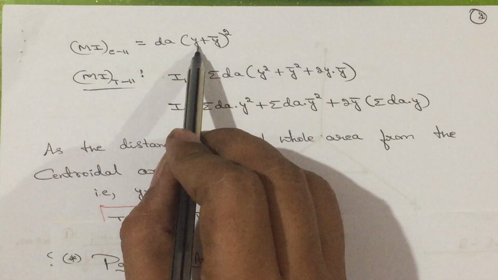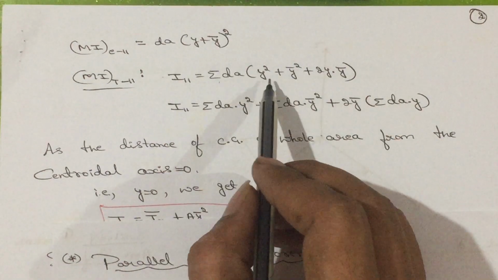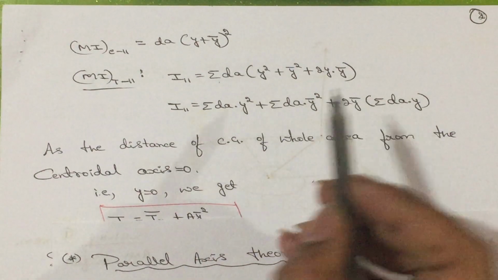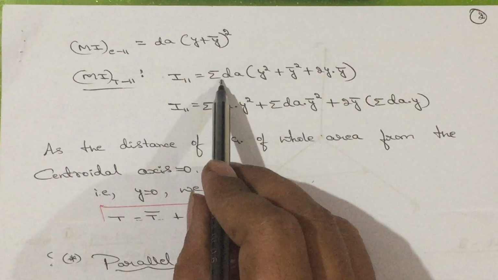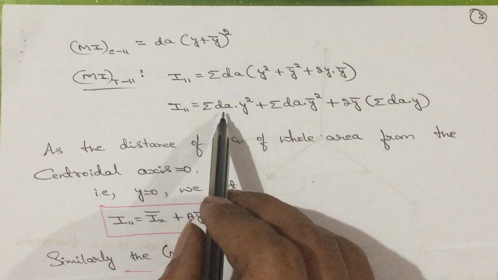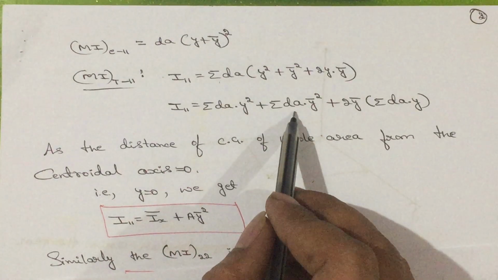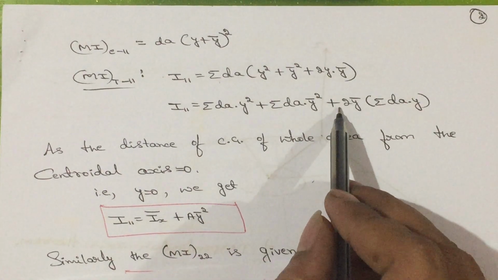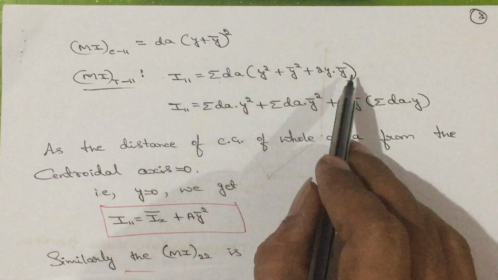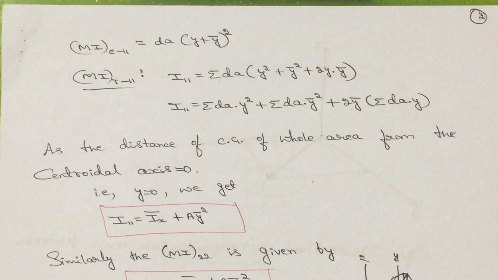It is of the form a plus b whole square, so we get a square plus b square plus 2ab. Expand it and multiply with the summation of dA. So we get the summation of dA into y square, plus the summation of dA into y bar square, plus, taking 2 y bar outside, the summation of dA into y.